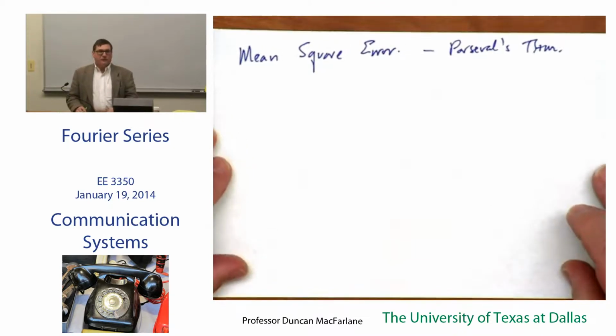So there's something about the Fourier series that is kind of special, and the special thing about it has to do with something called a mean square error. A mean square error.